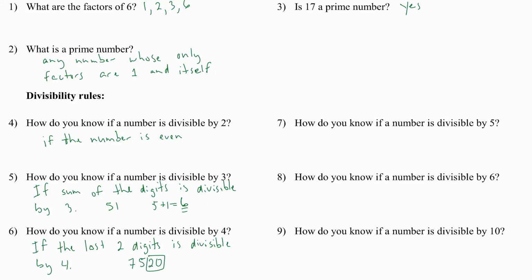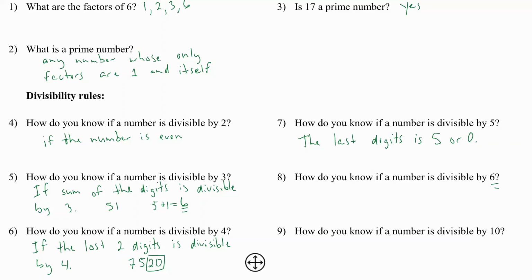All right, number 7, how do you know if a number is divisible by 5? The last digit, or I guess the ones column, is 5 or 0. Number 8 is not quite as necessary to know, but how do you know if a number is divisible by 6?